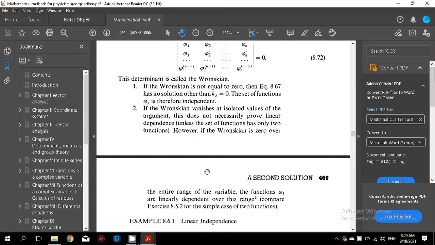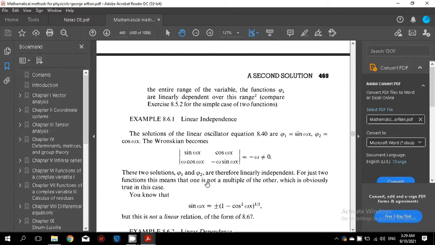To get linearly independent solutions, say y1 and y2, as you know, this is the first solution of the harmonic oscillator and this is the second solution. This is y1 and this is y2, this is the derivative y1 dash and this is the derivative y2 dash, and the determinant of these is being calculated here.